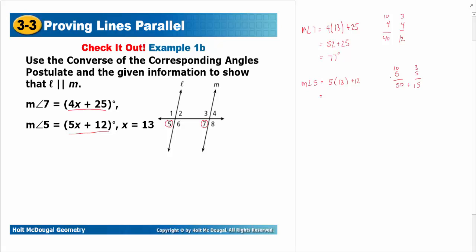Again, that's 5 times 13, I just do it in 2 chunks. So that's 65 plus 12, which is 77 degrees. Okay, so just like the last problem, now that I know they're 77 degrees, the measure of angle 5 equals the measure of angle 7, and I would say there they are corresponding.